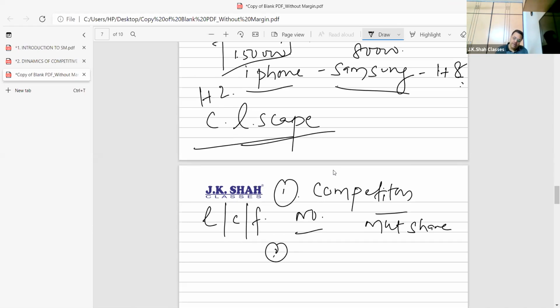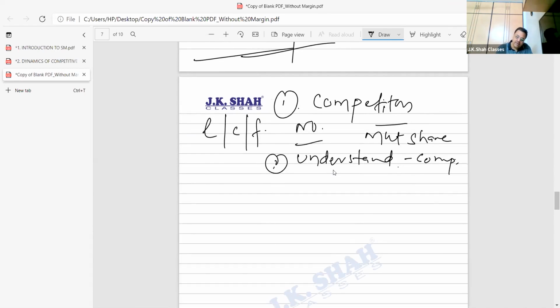After knowing your competitors, you should understand your competitor. When you do a business, however much you know about yourself, you're supposed to know that much about your competitors also. What is their vision? What is their mission?